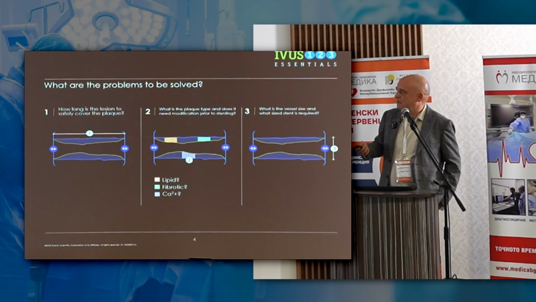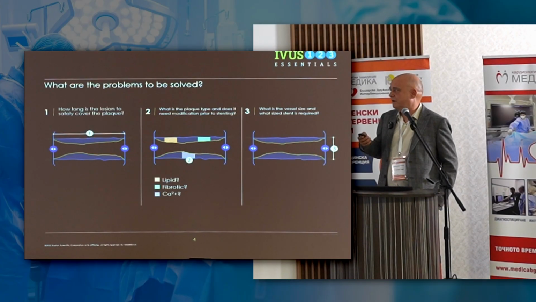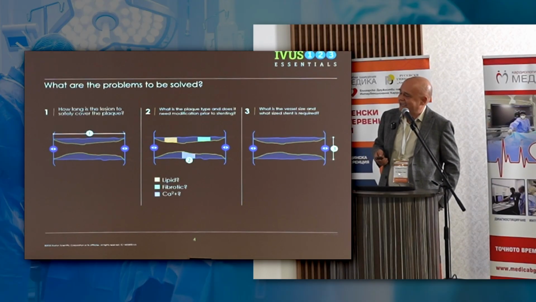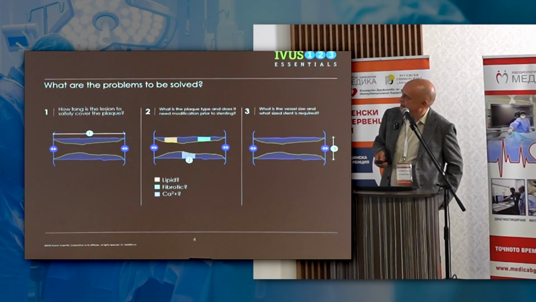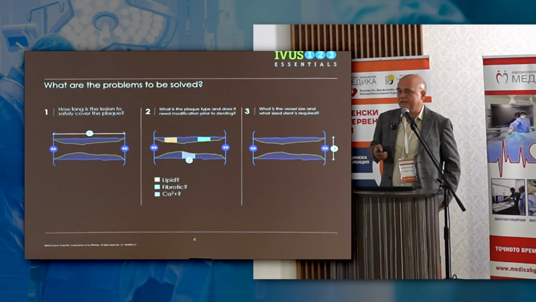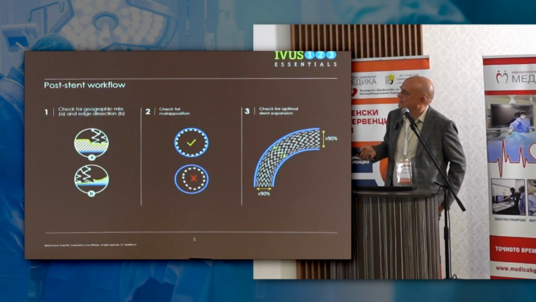We can see if there is a lipid or a fibrotic plaque, or it has a certain amount of calcium. And the third question is, what is the vessel size and what size of stent we require.